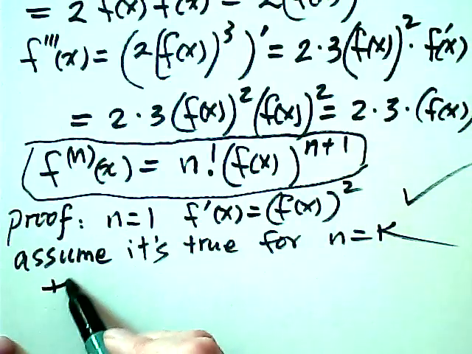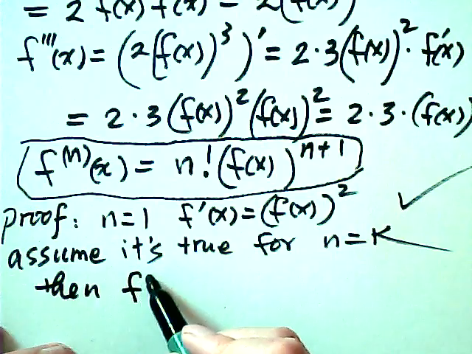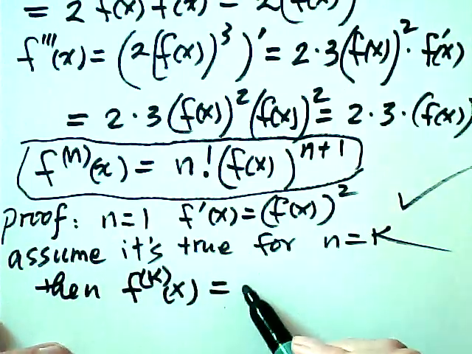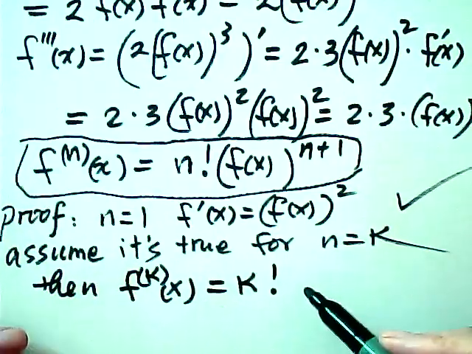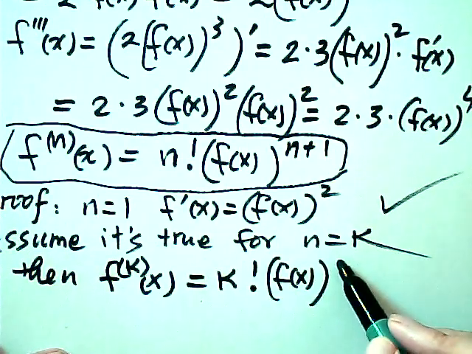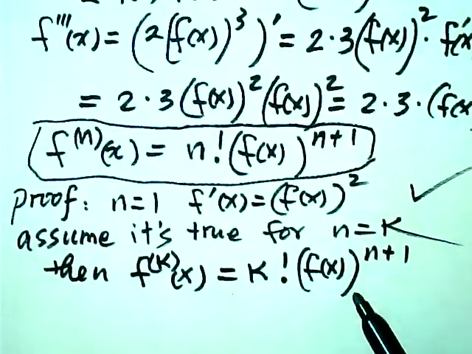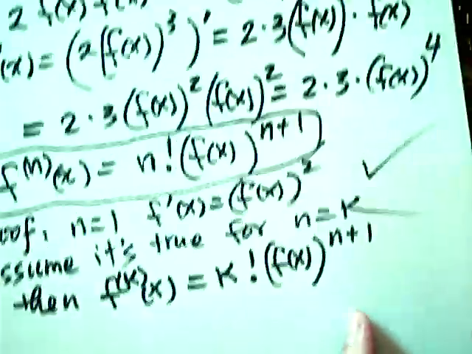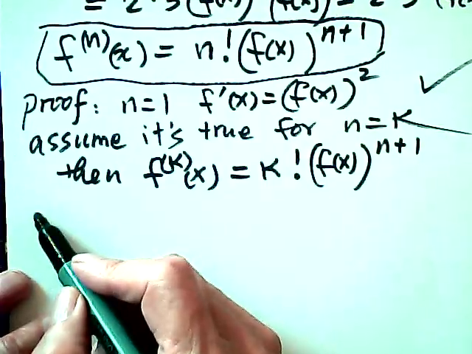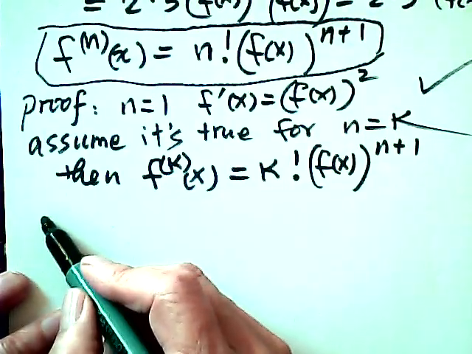Then the kth derivative of f of x is equal to k factorial times f of x to the k plus 1, isn't it?